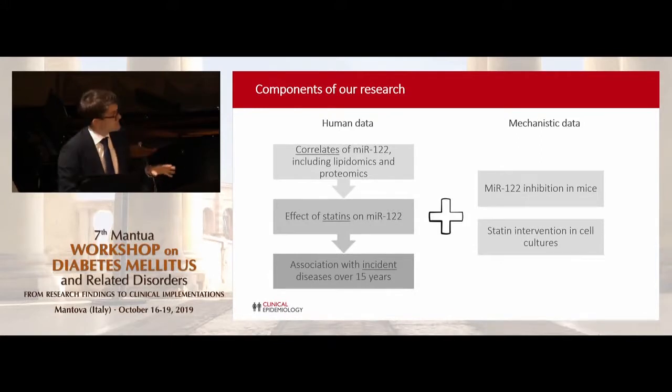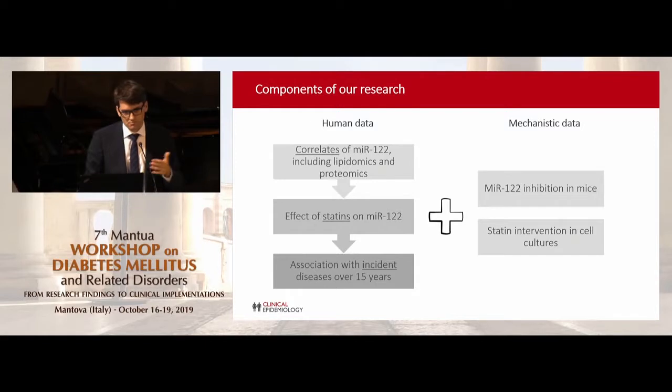So to address this uncertainty, we conducted several different analyses using different kinds of data. We used human data as well as mechanistic data from different mice and cell culture studies.